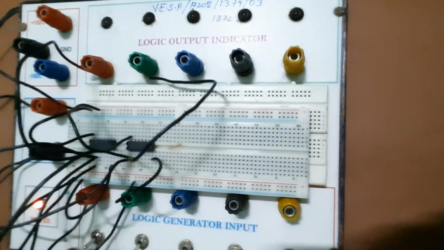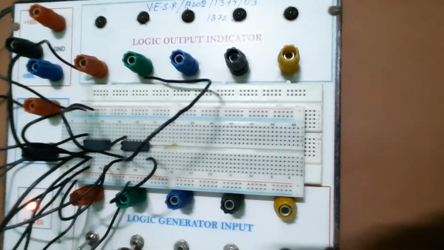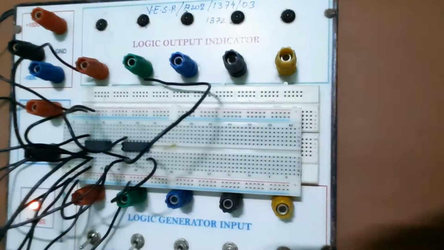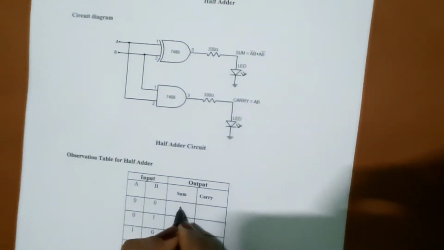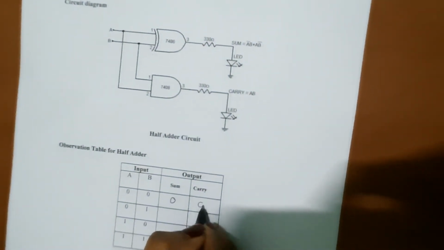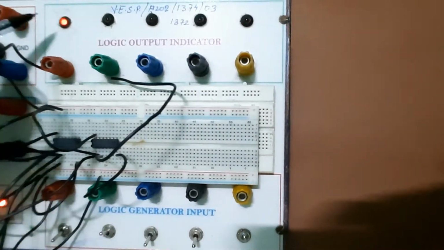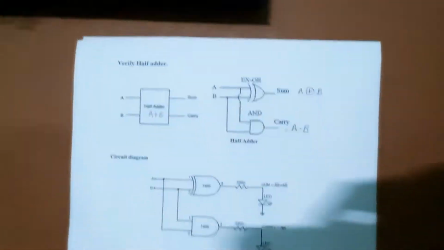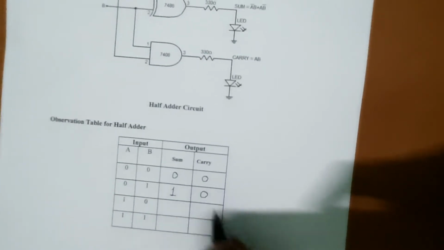Inputs are A and B. Now when A is 0 and B is 0, sum is 0 and carry is also at 0 level. When A is 0 and B is 1, sum output is 1 and carry output is at logic 0.